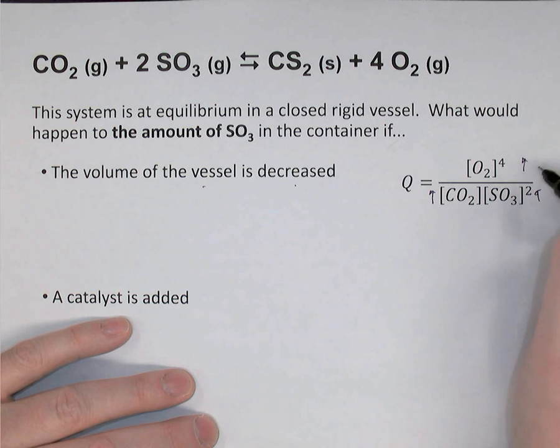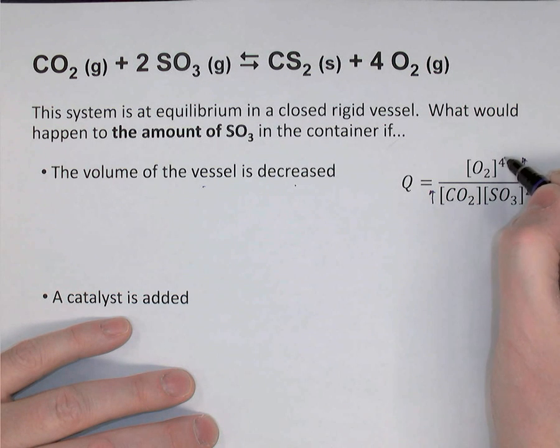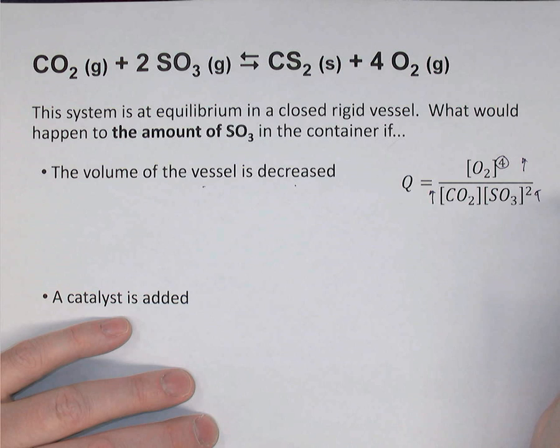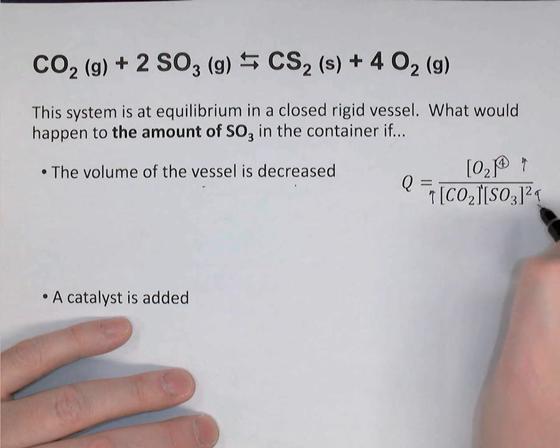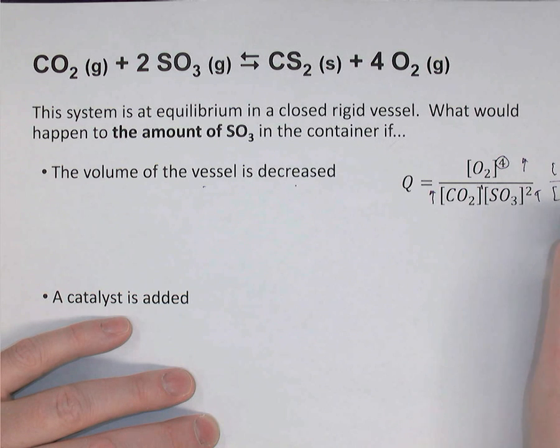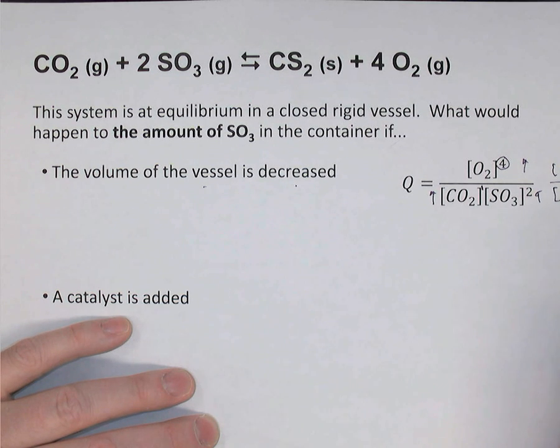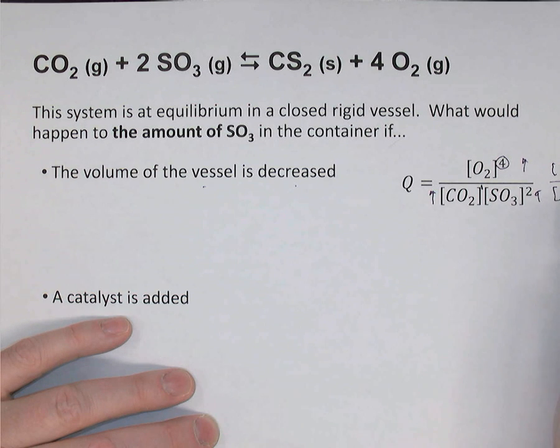However, if we look at the overall orders for the numerator and denominator, the numerator is raised to the power of 4. The denominator has something raised to the power of 1 and something being squared, which means the numerator essentially is 4th order, while the denominator essentially is 3rd order. So now increasing both the numerator and denominator is going to have a bigger effect on the numerator.